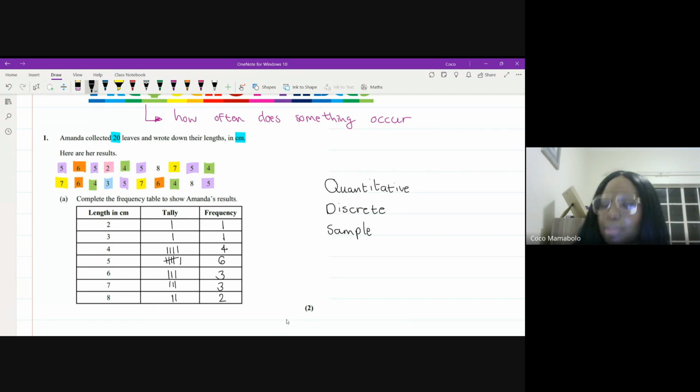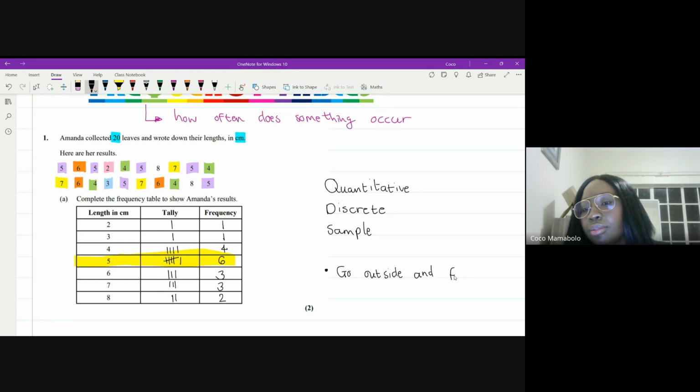5 centimeters, correct. The 5 centimeter leaf shows up the most, right? That's the one that shows up the most of the 20. So when she sets a task for her kids, she can say to her grade 3s, go outside and find a 5 centimeter leaf.